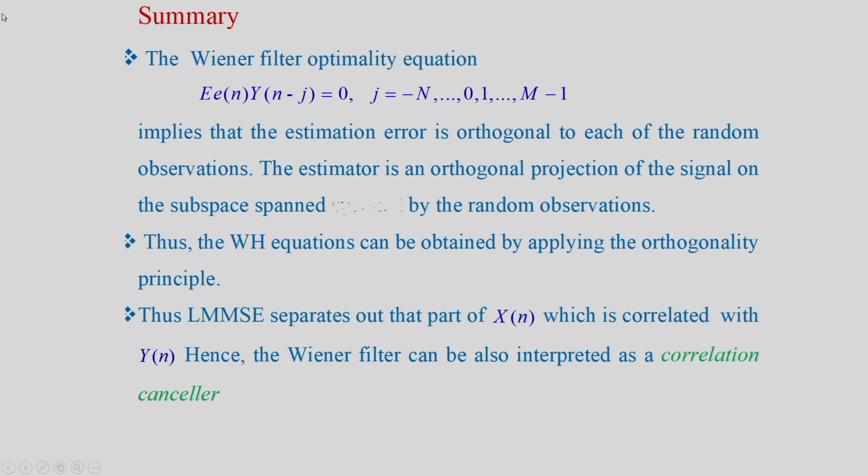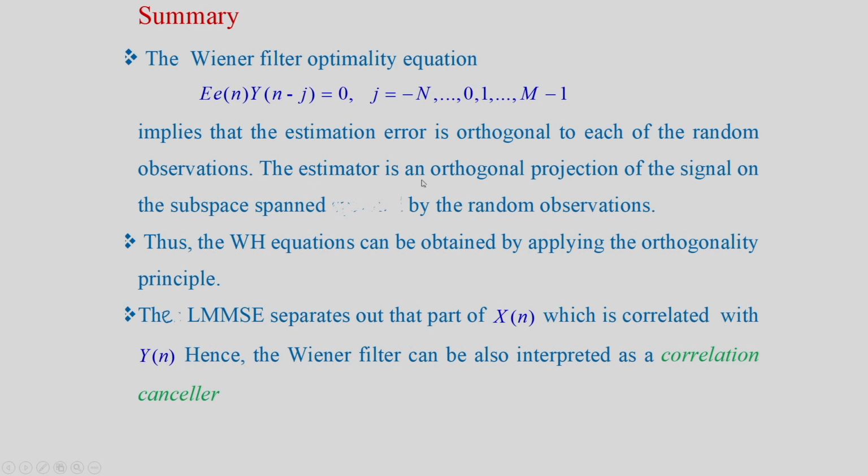Let us summarize the lecture. The Wiener filter optimality equations are E[e(n) y(n minus j)] equal to 0 for j going from minus N to M minus 1. These are the optimality equations for the general Wiener filter we have considered, and these optimality conditions imply that the estimation error is orthogonal to each of the random observations.